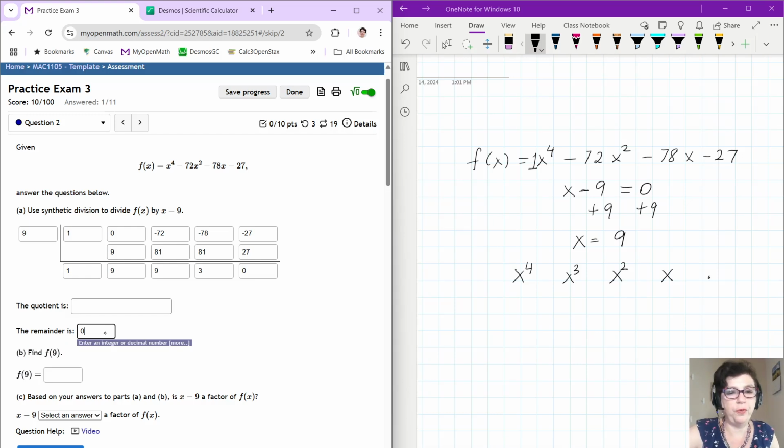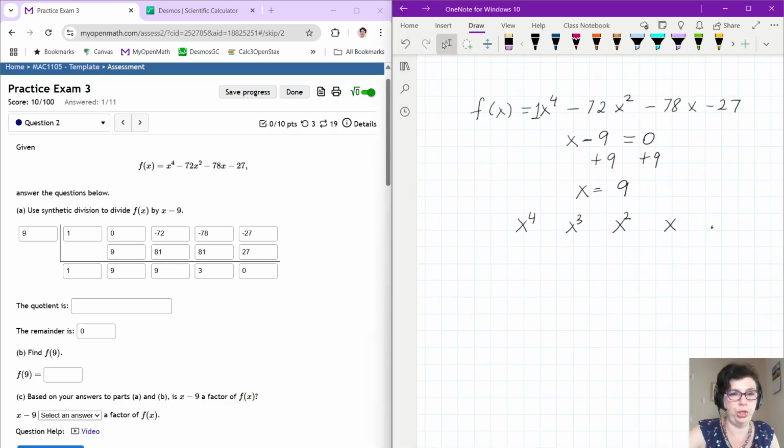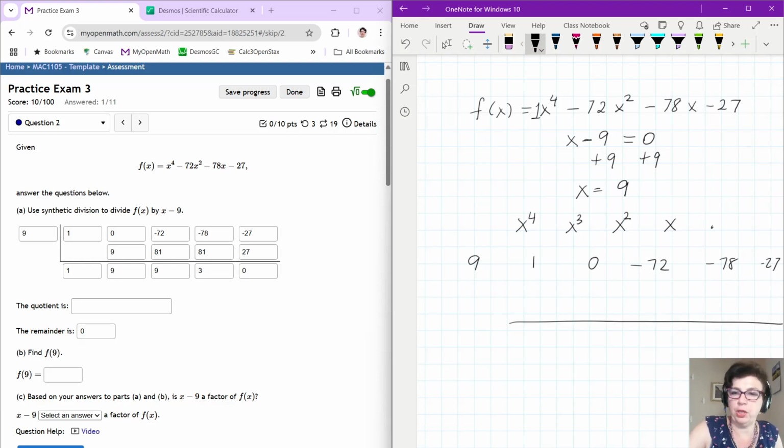Now, how do you figure out what the quotient is? When you had your synthetic division, you had 1, 0, negative 72, negative 78, negative 27. You brought this one down. Here you got a 9, here you got a 9, this is a 3, this is a 0.